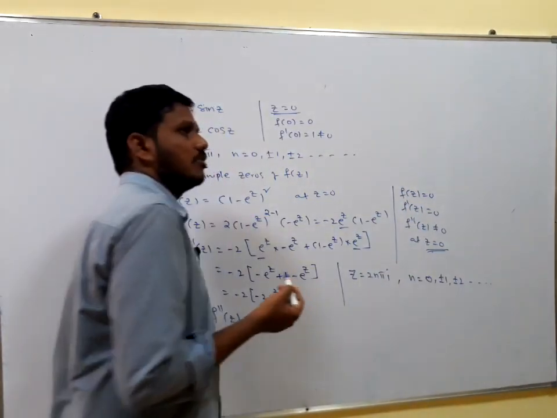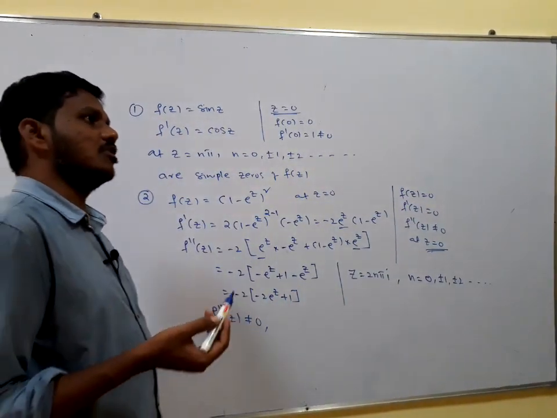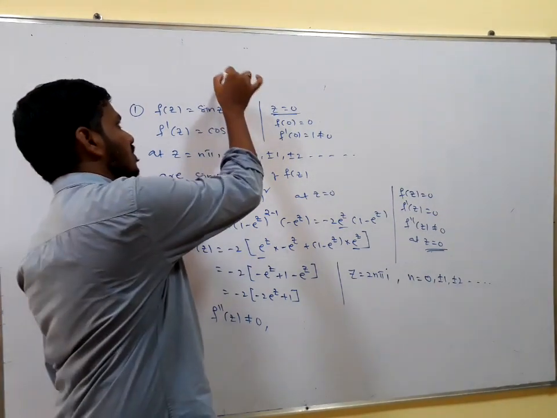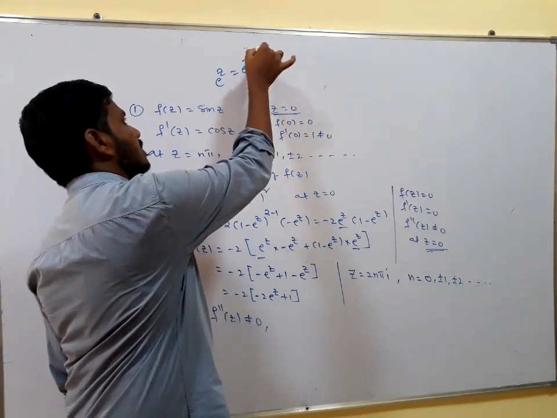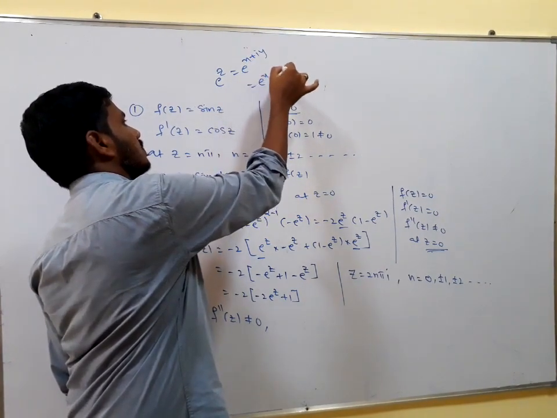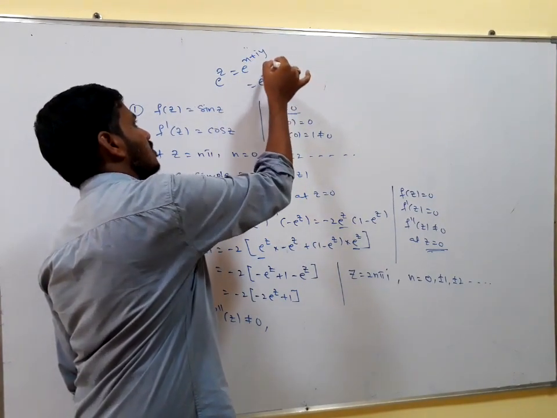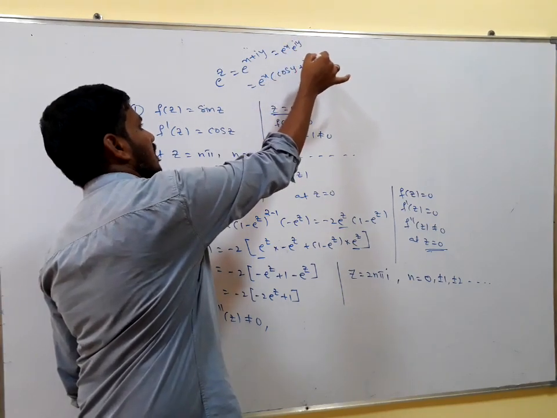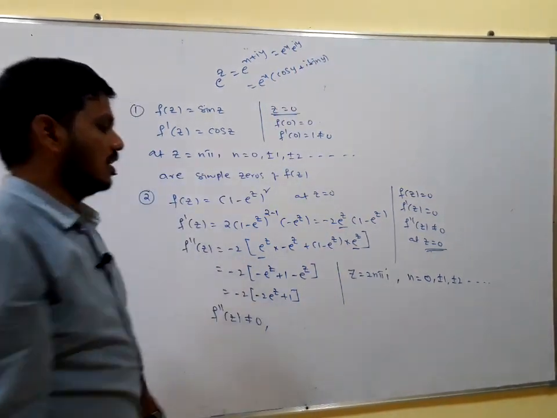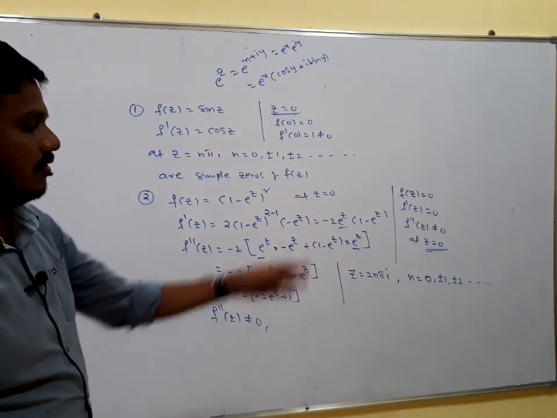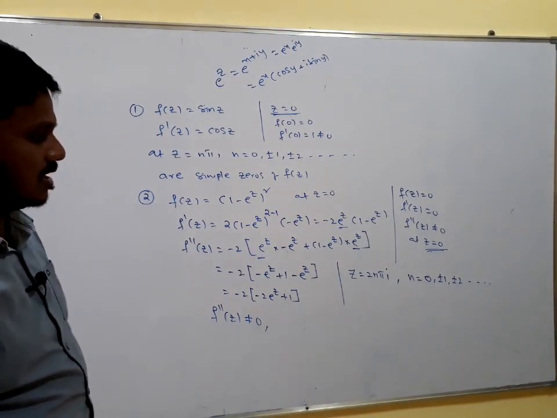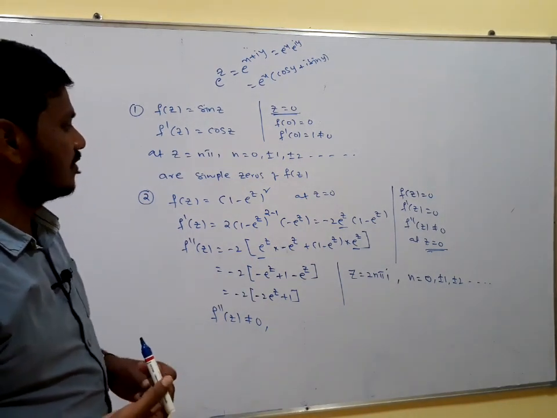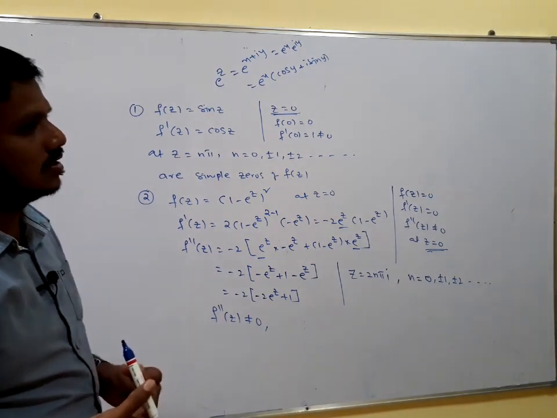If you expand e to the power of z with z equals x plus iy, e to the power of x plus iy is e to the power of x into e to the power of iy, that is e to the power of x into (cos y plus i sin y). Taking the values z equals 2n pi i, where n equals 0, plus or minus 1, plus or minus 2, and so on, these are the zeros of f of z of order 2.